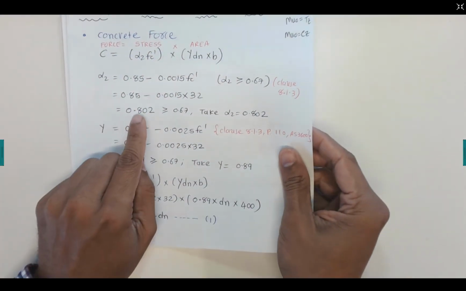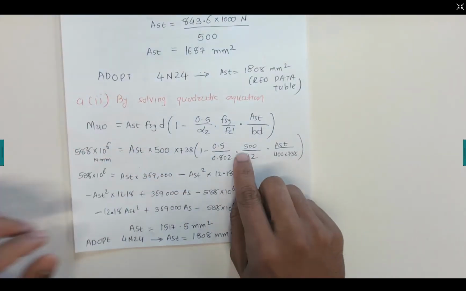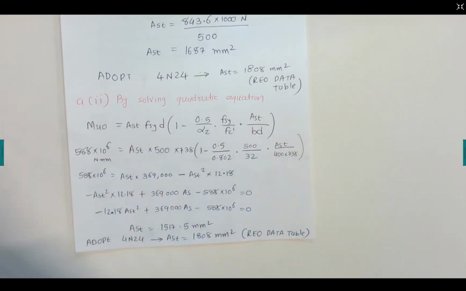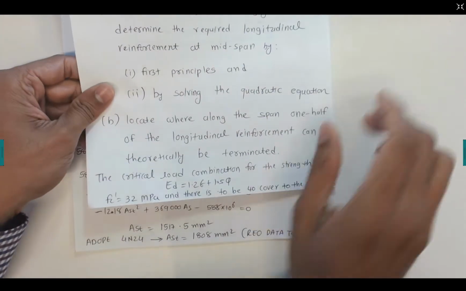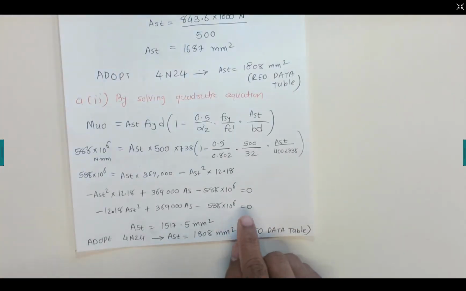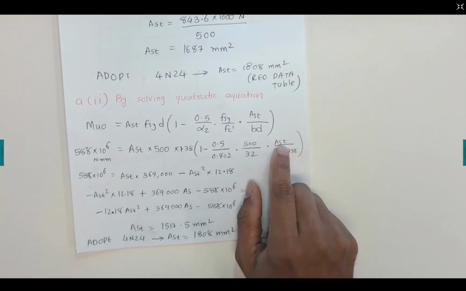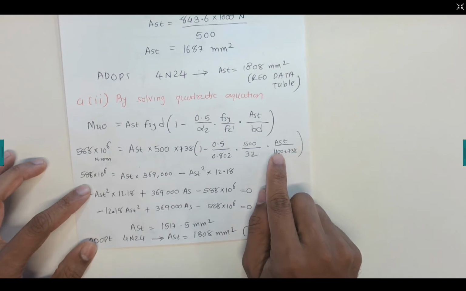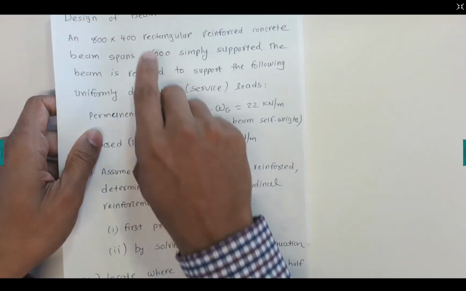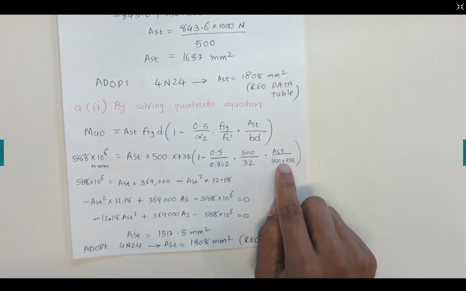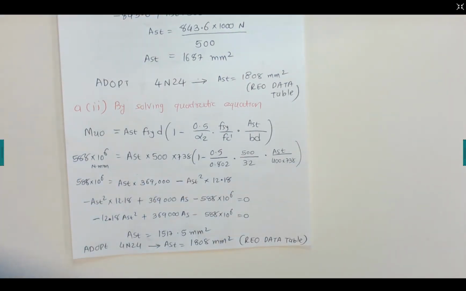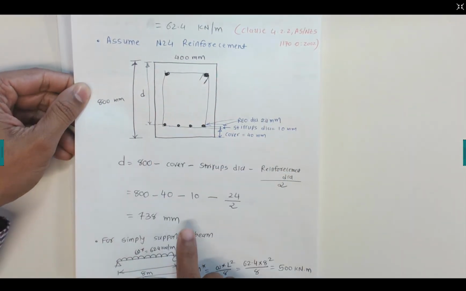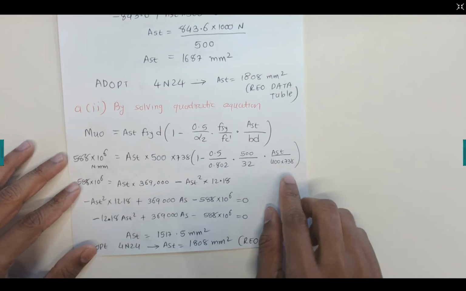We add alpha 2, 0.802, times fsy, yield strength of the reinforcement, 500, f'c, characteristic strength of concrete, given in the question, which is 32 megapascals, times the area of the steel reinforcement in the tensile zone of the beam, that is Ast. b is 400, given in the question, the width of the beam, times d, 738, that is the depth from the top fiber to the tensile reinforcement, small d, 738 millimeters.